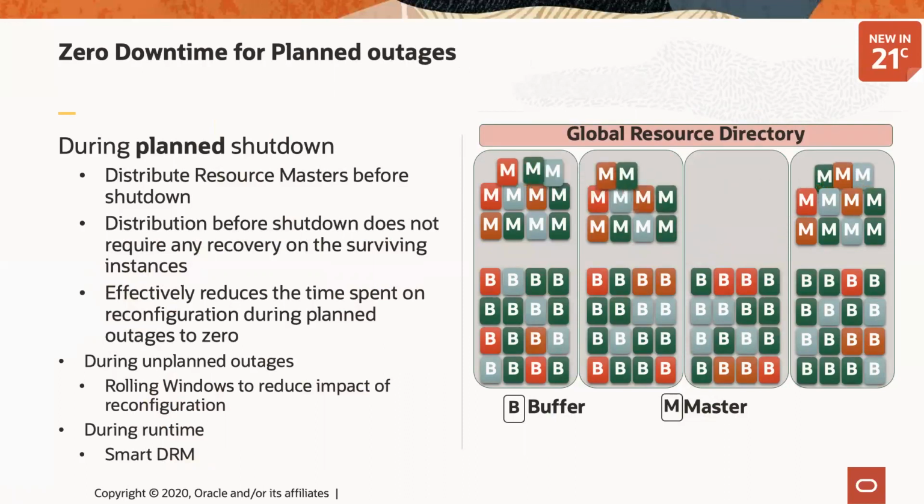As you can see in the animation, we automatically move some of the masters beforehand to the other nodes, and the other nodes can make sure that those buffers are updated and therefore don't have to go through this reconfiguration time, which by the way is already low, to even lower, which is essentially zero downtime for planned outages.